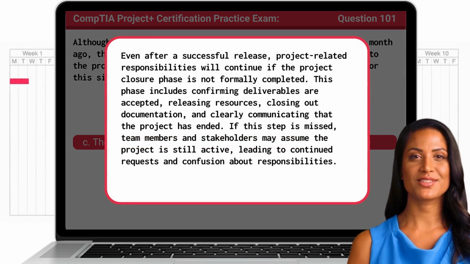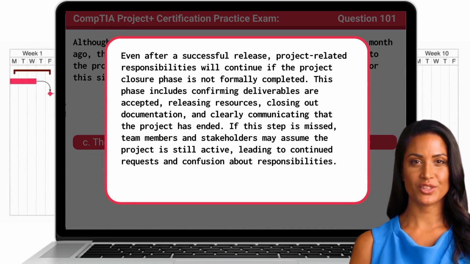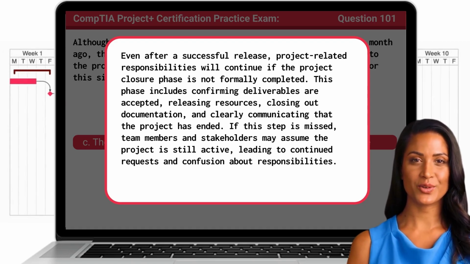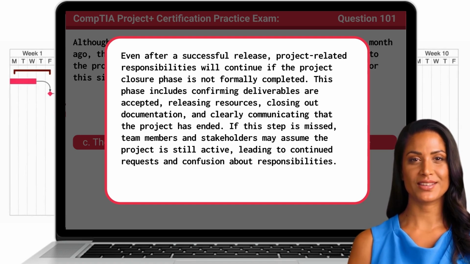Even after a successful release, project-related responsibilities will continue if the project closure phase is not formally completed. This phase includes confirming deliverables are accepted, releasing resources, closing out documentation, and clearly communicating that the project has ended. If this step is missed, team members and stakeholders may assume the project is still active, leading to continued requests and confusion about responsibilities.